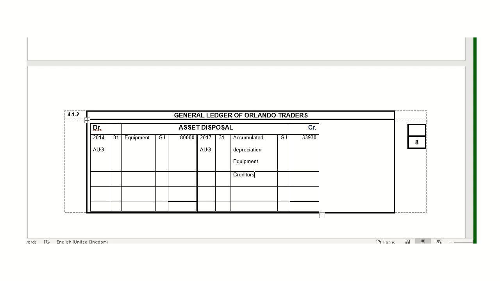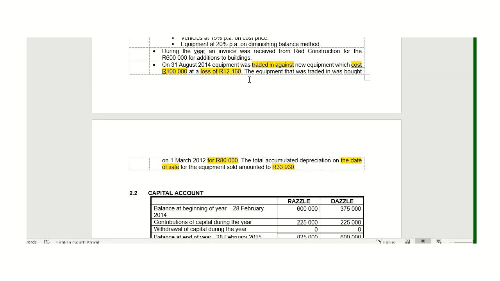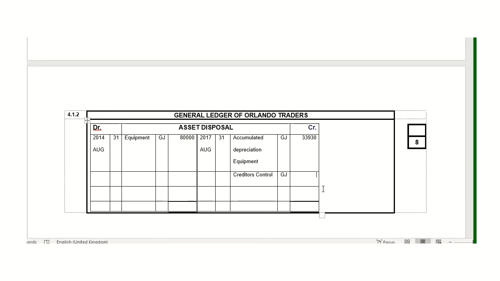So every time we trade in something, it would go to creditors control. Transaction on the general journal. And what did I receive for it? They don't tell me. They just tell me it was traded in on new equipment, and the new equipment cost 100,000. So that new equipment has got nothing to do with this one that I'm trading in. So I do not know. I've got to still work that out. So for now, it is unknown.